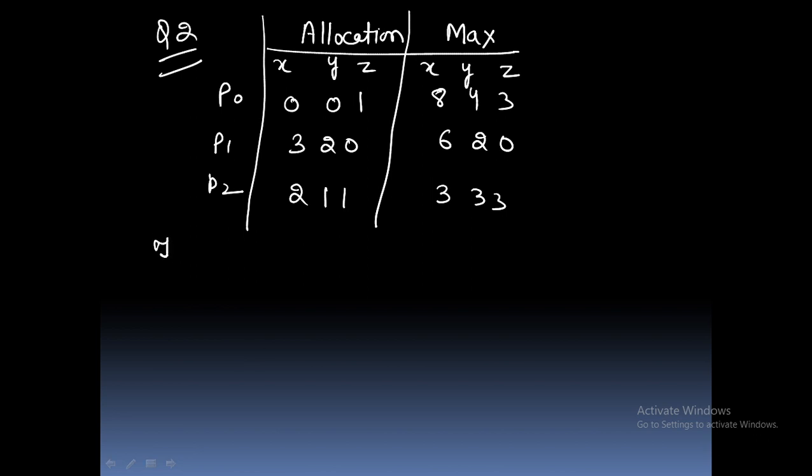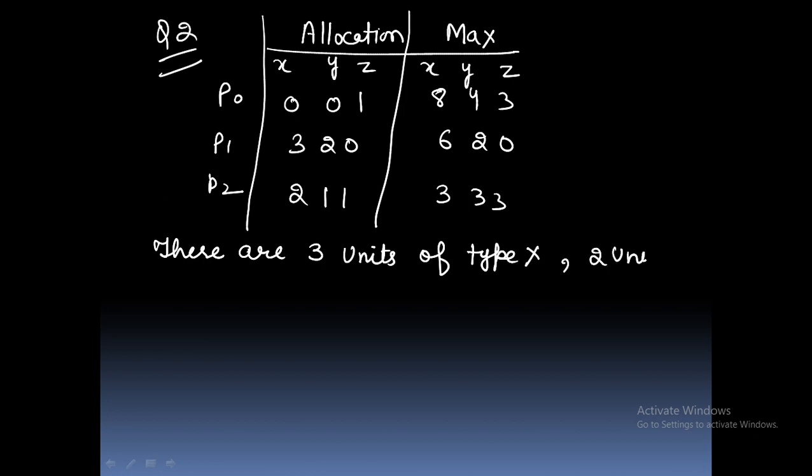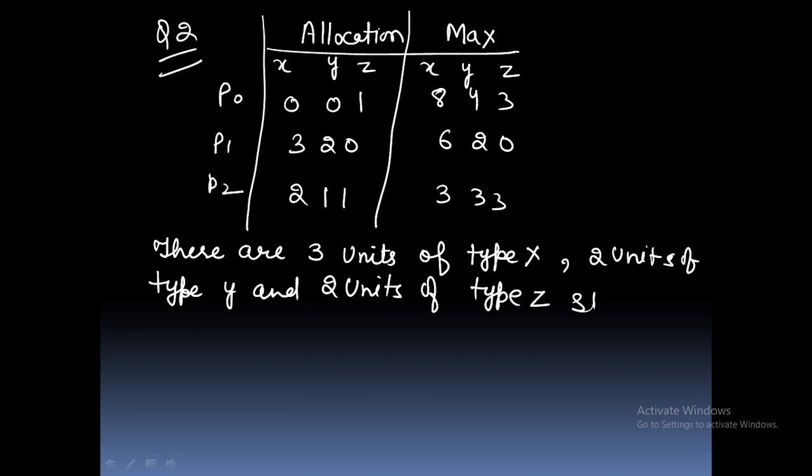And there are 3 units of type X, 2 units of type Y, and 2 units of type Z still available. The system is currently in a safe state.